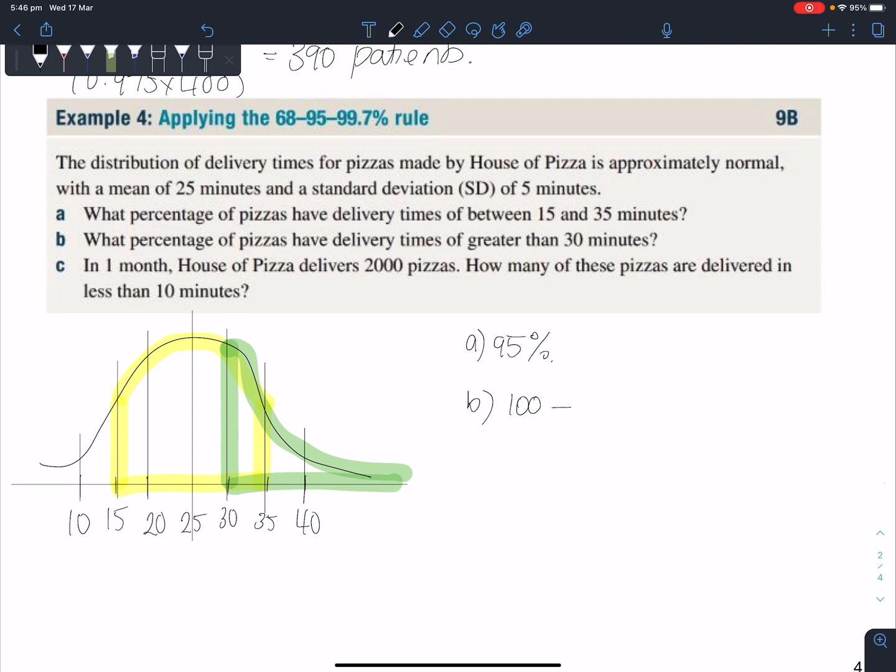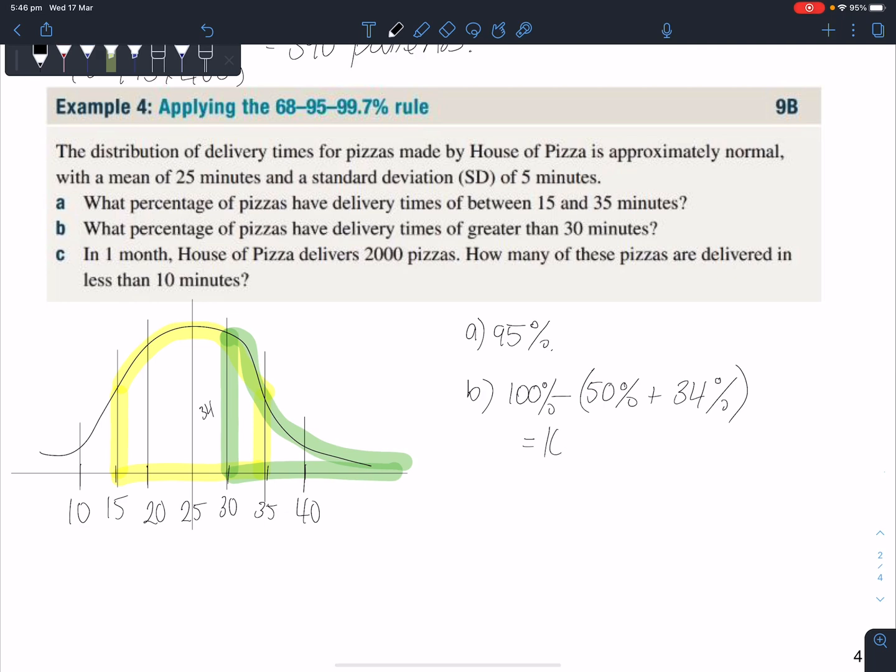What does it say? What percentage of pizza have delivery time of greater than 30 minutes? You know, that's right. Okay, so it's 100 minus the 50% plus this little bit here, which is 34. So 34%. So taking all of that away. Okay, so that's 84. So it should be 16%.